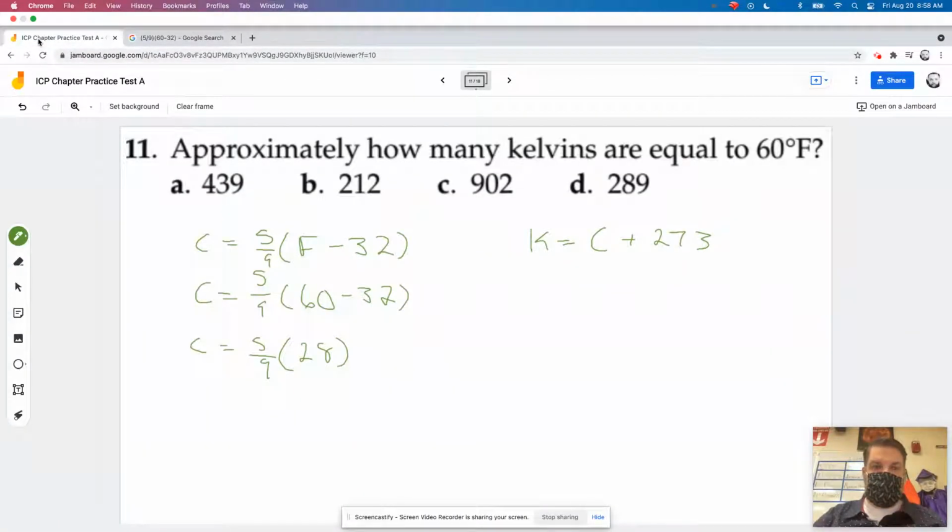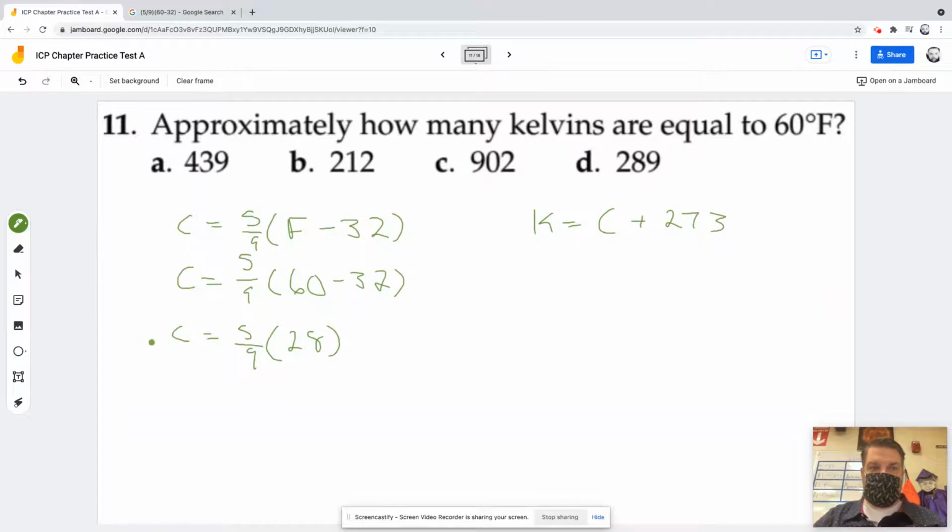So this is approximately 15.5, repeating. So I'm just going to say 15.6. So if I say 15.6 plus 273, what's my closest answer? 289, right? Does that make sense?